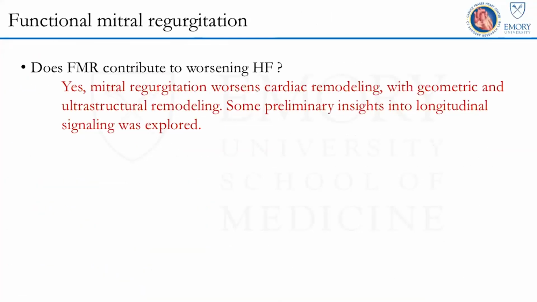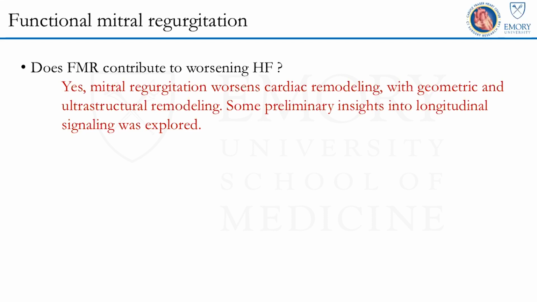So based on this first set of data that I have presented to you, we do think that mitral regurgitation has a worsening impact on cardiac remodeling, whether it begins early or late. The mitral regurgitation induces both geometric and ultrastructural remodeling of the myocardial tissue.